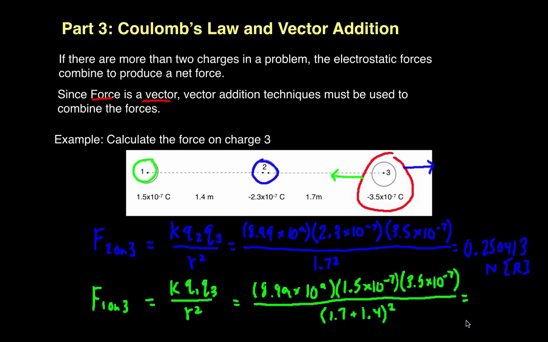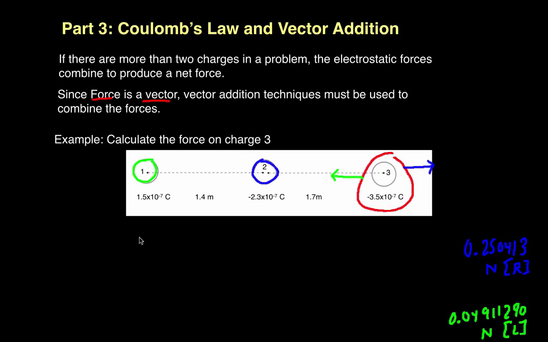This gives us a force of 1 on 3 equal to 0.049119290 newtons, and this is to the left.